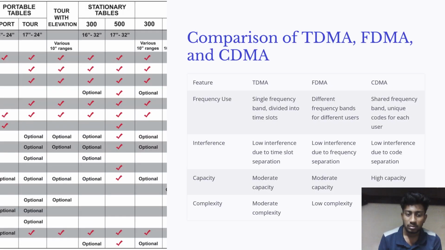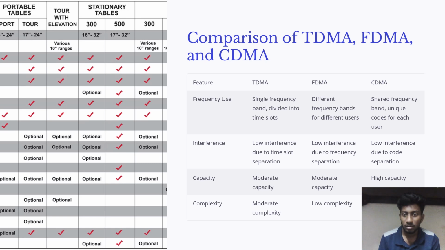This is a comparison of TDMA, FDMA, and CDMA. Let's compare the frequency usage. In TDMA, a single frequency bandwidth is divided into time slots. In the case of FDMA, there are different frequency bands for different users.